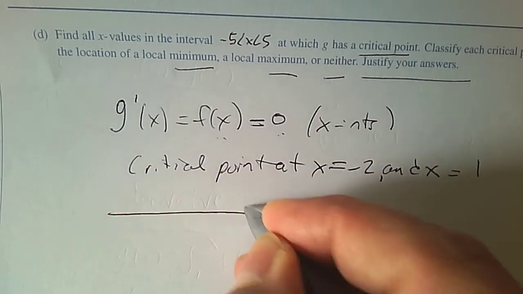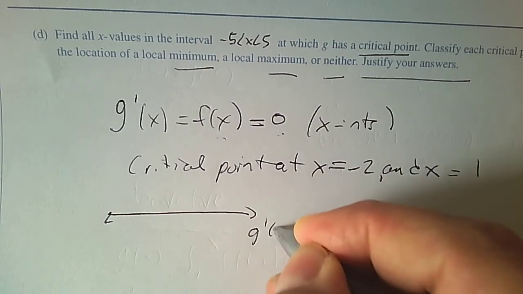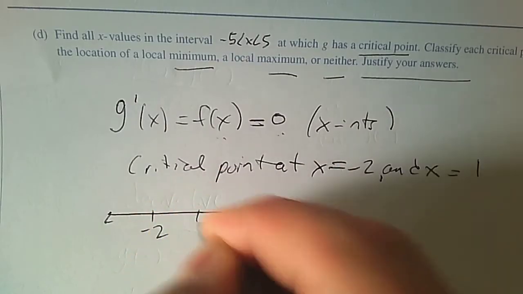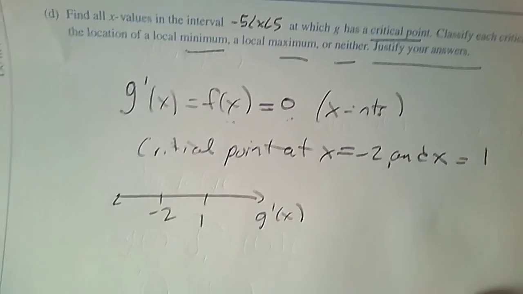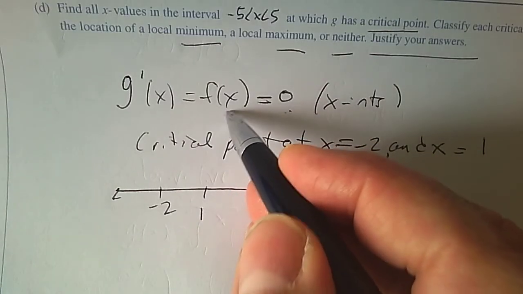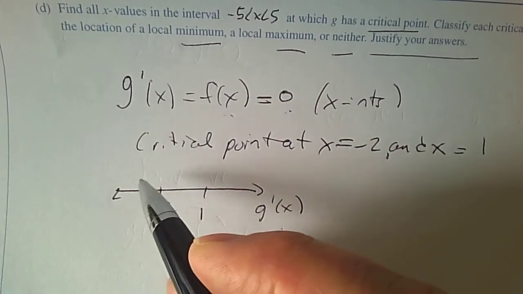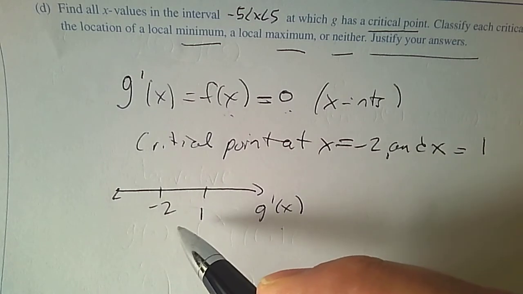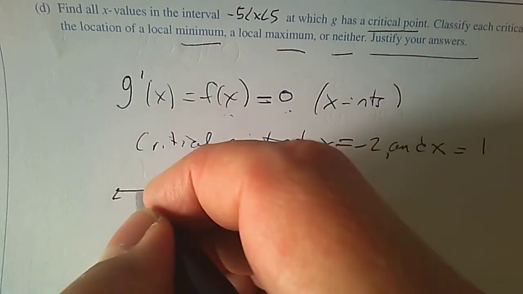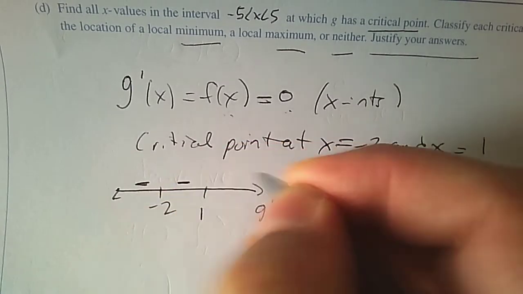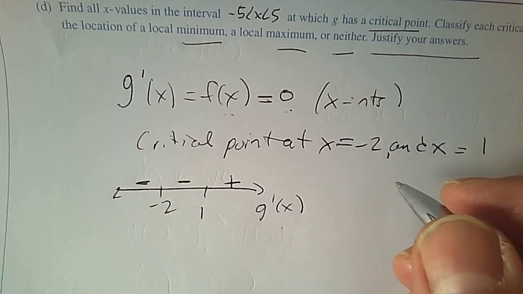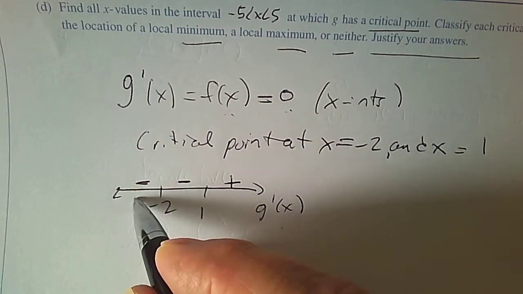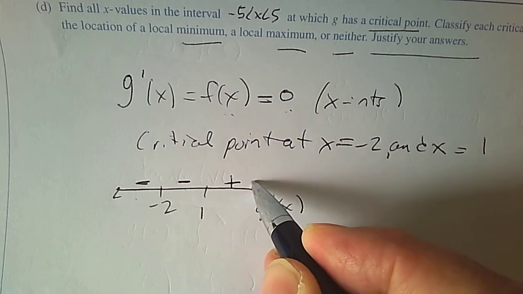Now if we do a number line for the derivative of g at -2 and at 1, it might help us better. When I look at the function and the derivative, I'm just looking for where it's above and below the graph. So less than -2, it's below, it stays below, and then after +1, it goes above. So this is below the graph, and then above the graph.